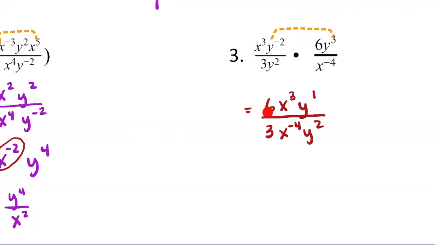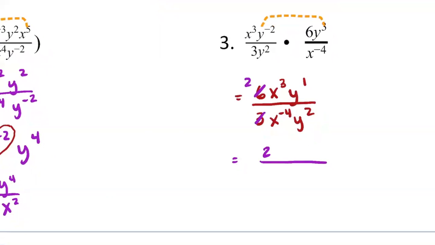Now again, 3 does go into 6 twice, so I'm going to do some canceling there, and then I'm going to subtract the exponents. So 3 goes into 6 twice, so I have a 2 here in the numerator. 3 minus -4 is going to be 7, and 1 minus 2 is -1.